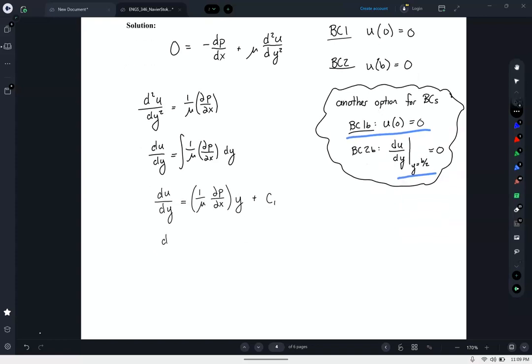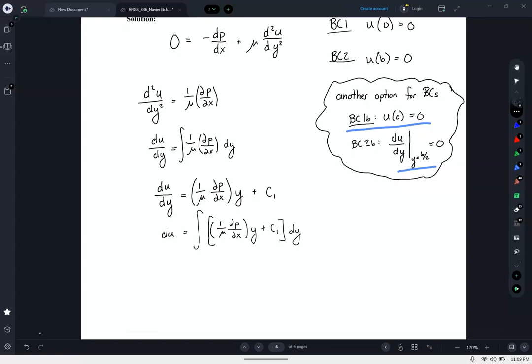We can do that again. So now we have a little bit bigger equation. 1 over mu, partial p, partial x, times y plus c1, all times dy, and then we integrate that whole big mess.